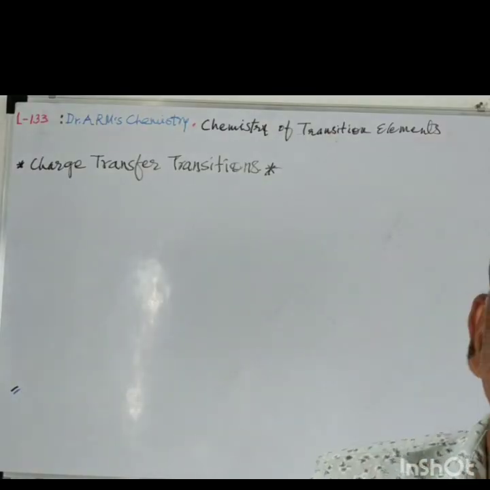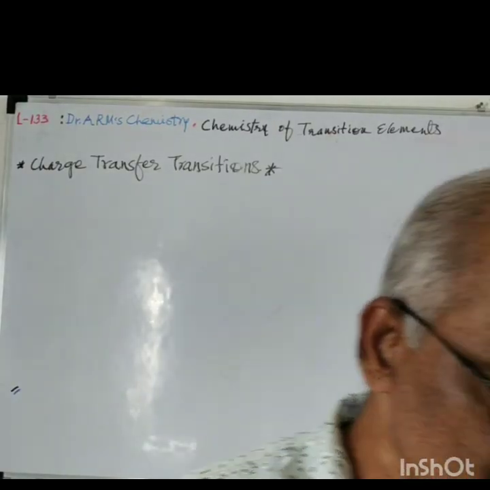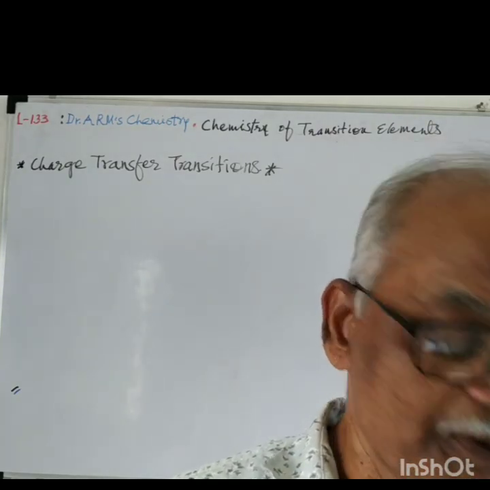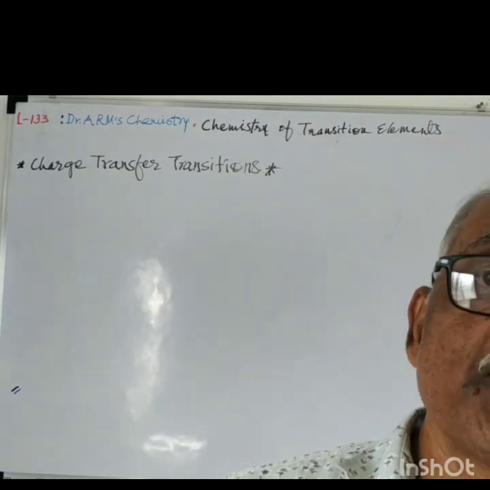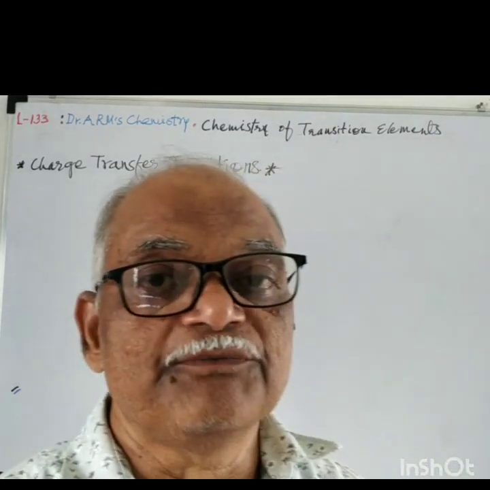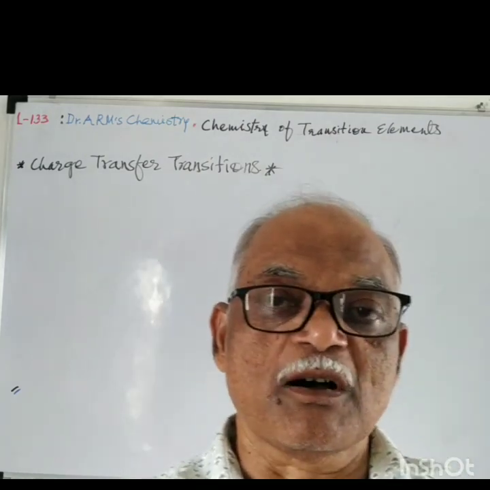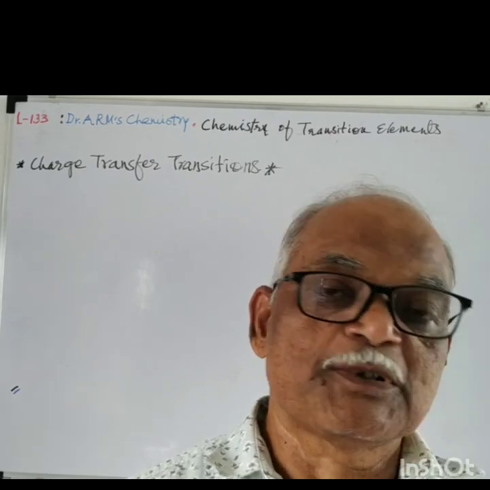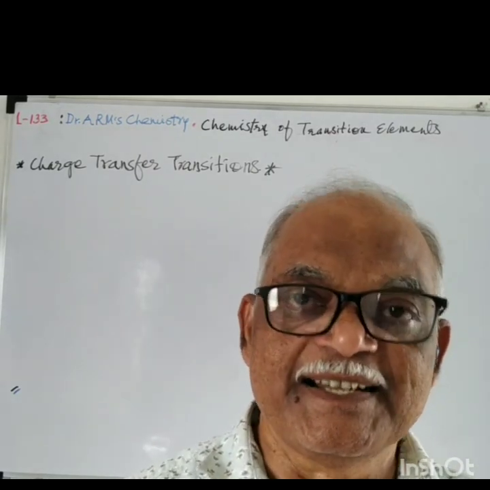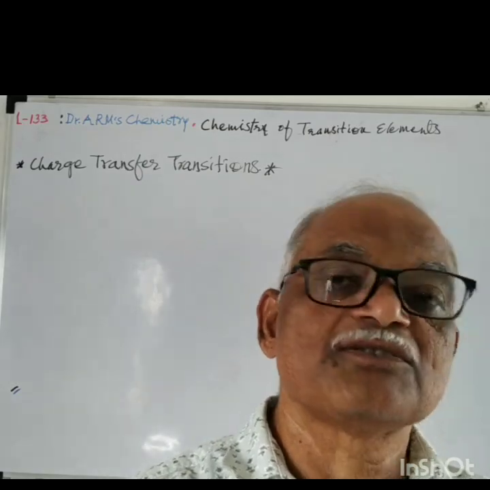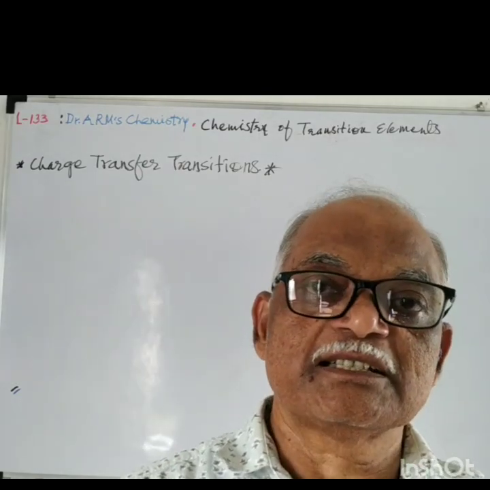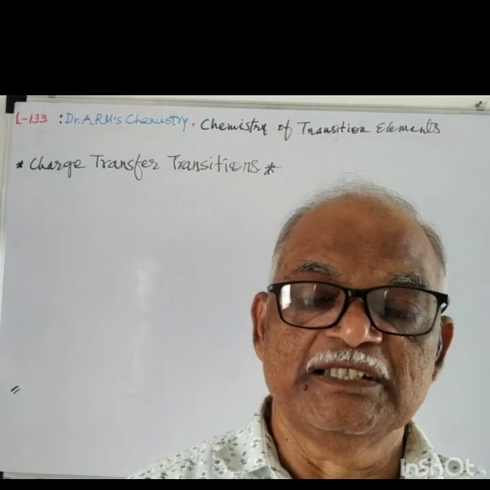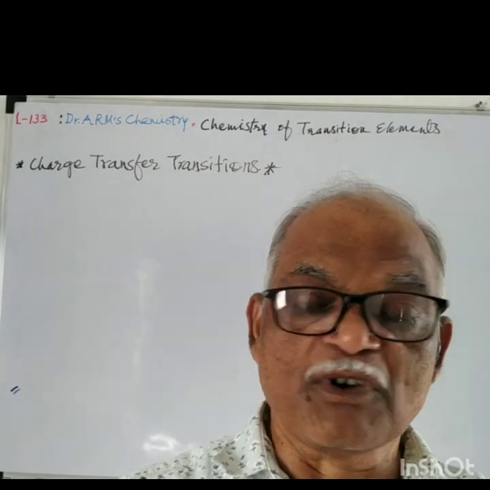So we have seen the d-d transitions so far in detail, and in that case we have seen that the d-d transitions take place when the d orbital of the metal shows excitation of an electron from its ground state to the excited state, and during this transition the electron density does not show any more change. The electron density remains constant.